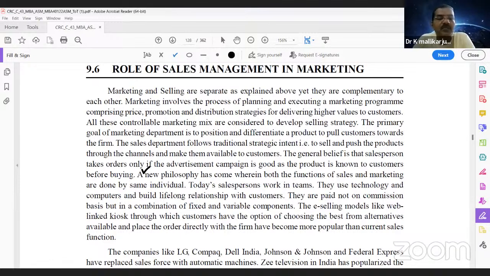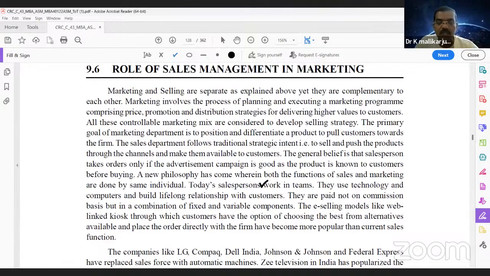A new philosophy has to come where both the functions of sales and marketing are done by the same individuals. Today's salespersons work in teams, use technologies and computers, and build lifelong relationships with customers.